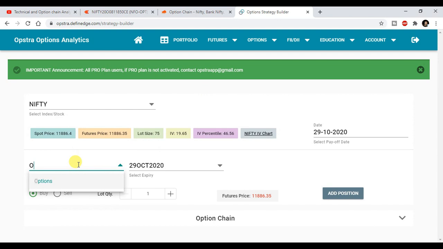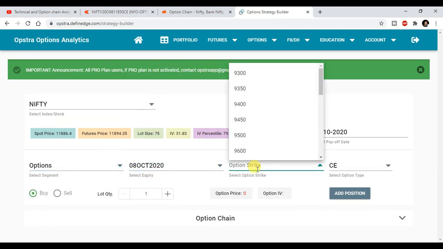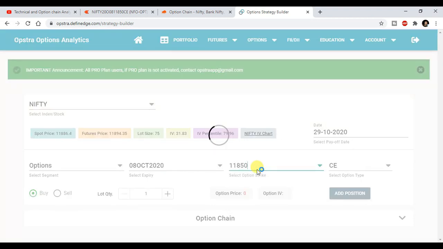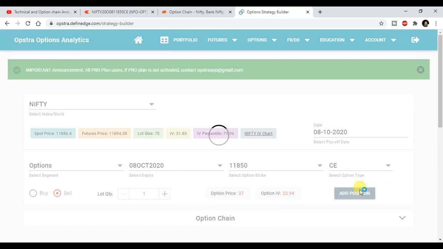Let me add it in options. The expiry is going to be the 8th of October, the strike price is 11,850, and we have sold one lot of CE at the price of 27. Let me add the position.